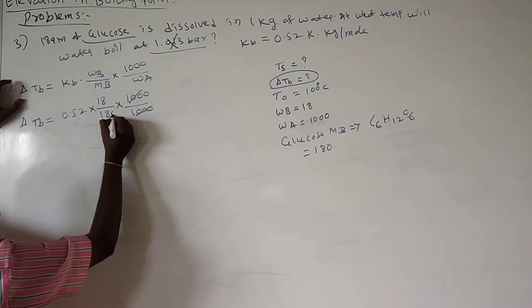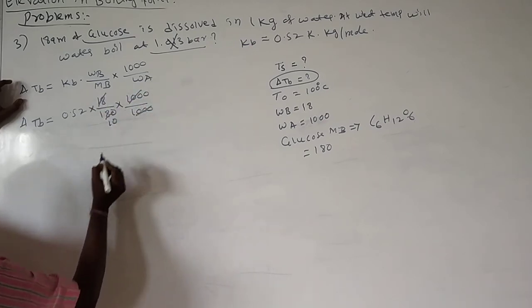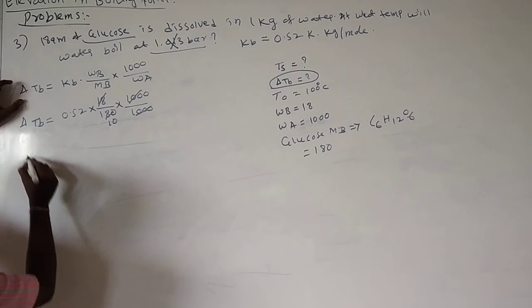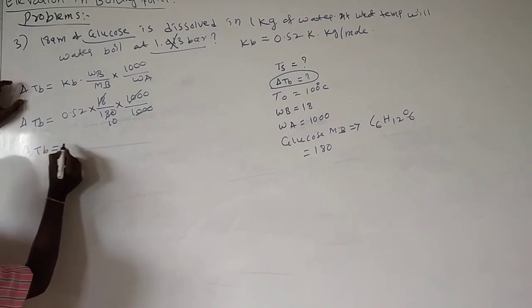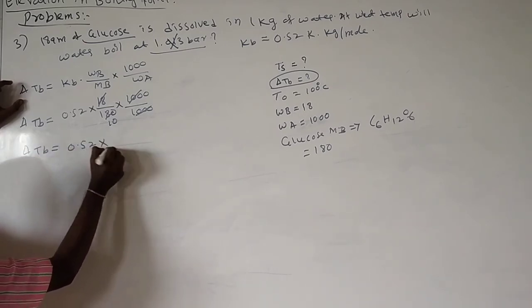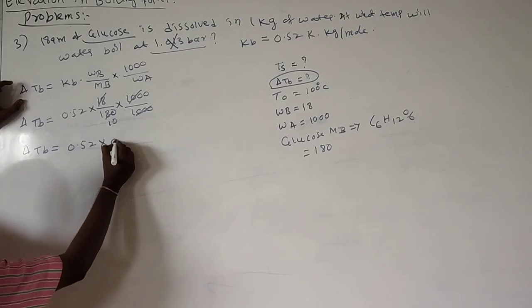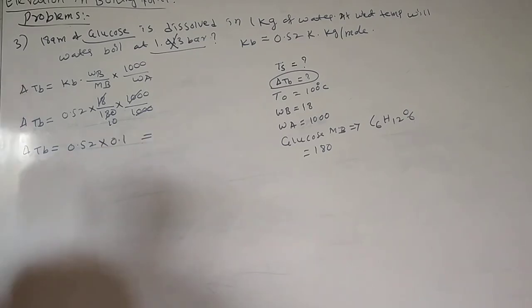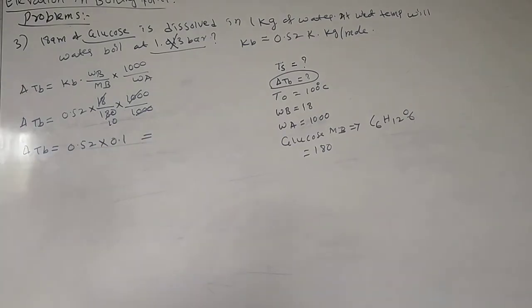The 1000 gets cancelled. Delta Tb is equal to 0.52 into 1 by 10, that means 0.052. Here we get the answer.